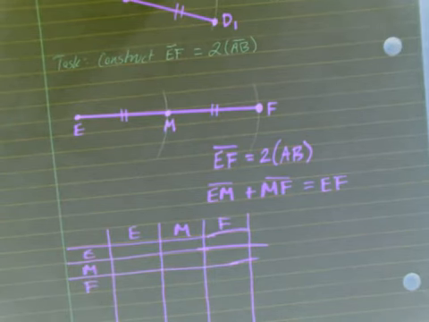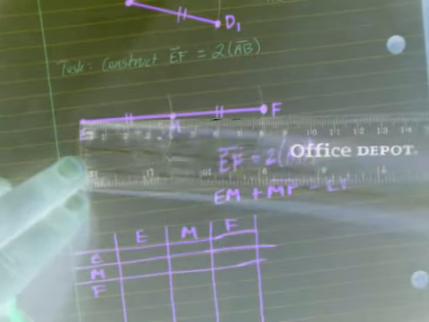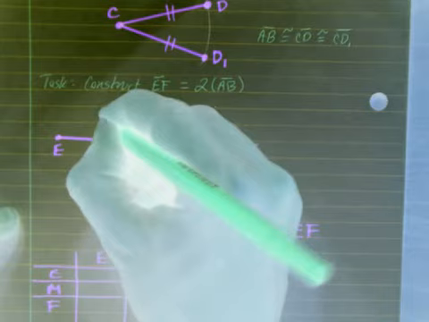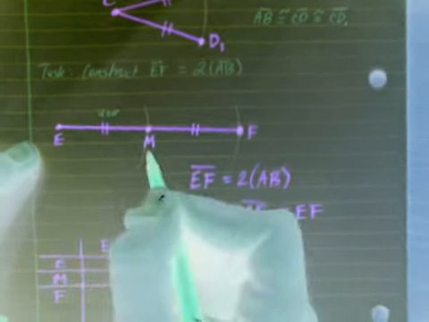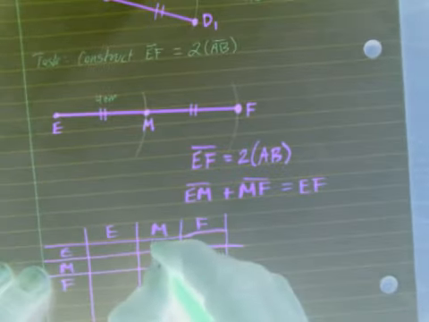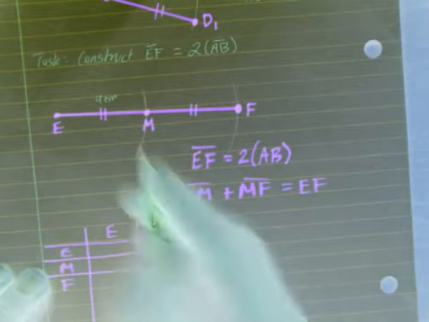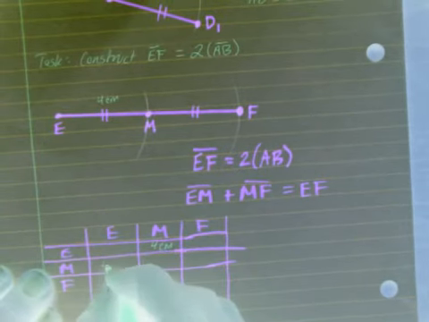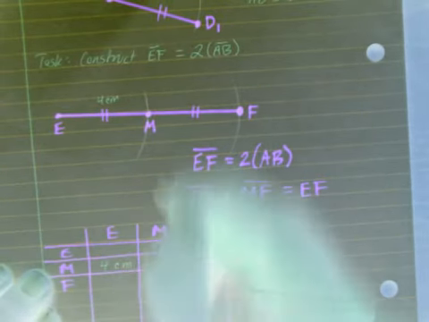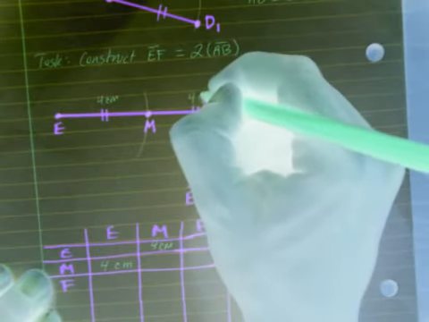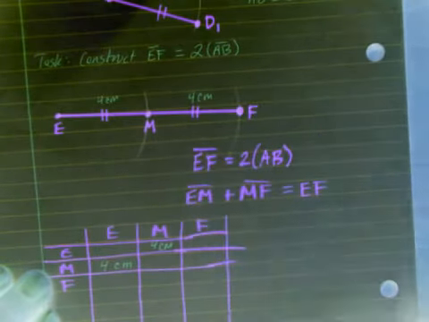And again, tomorrow in class I'm going to ask you guys to measure. We know that this, again, I'll measure it real fast, was 4 centimeters, EM. So from E to M, it's 4 centimeters. And also from M to E, it's 4 centimeters, so that's going to go twice.